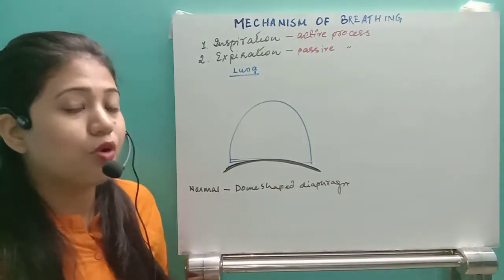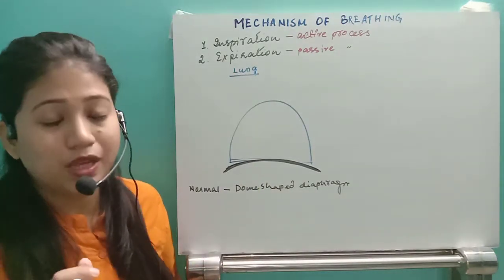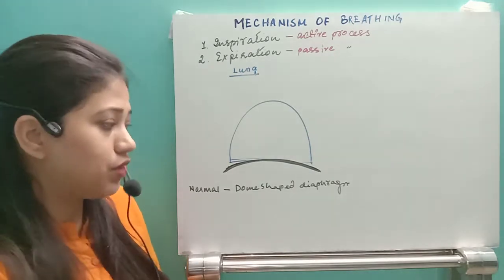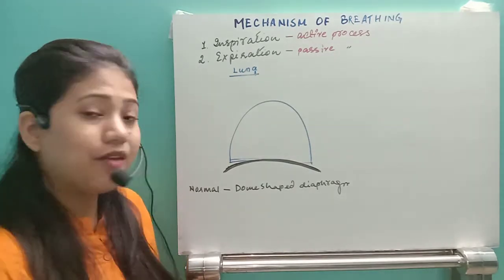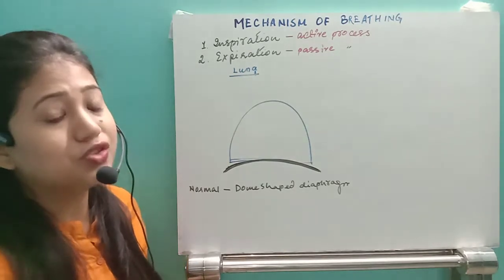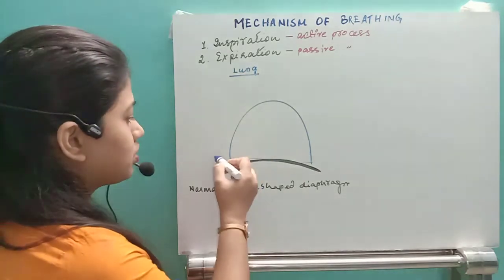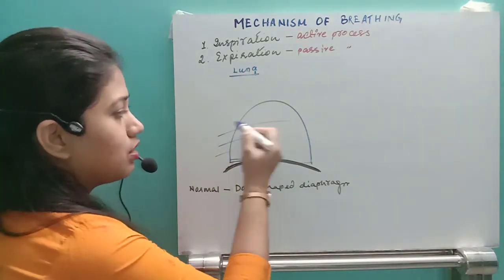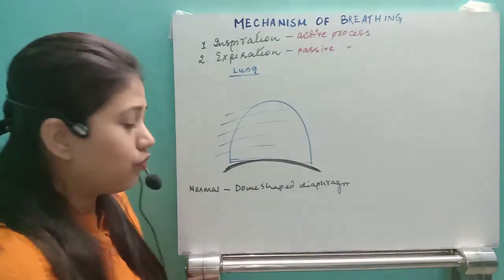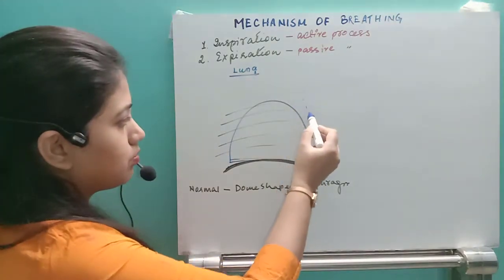Now the process of inspiration is involved. First thing we need to know is that the diaphragm is attached to the rib cage. Just above that we have the ribs, and here we have the vertebral column.